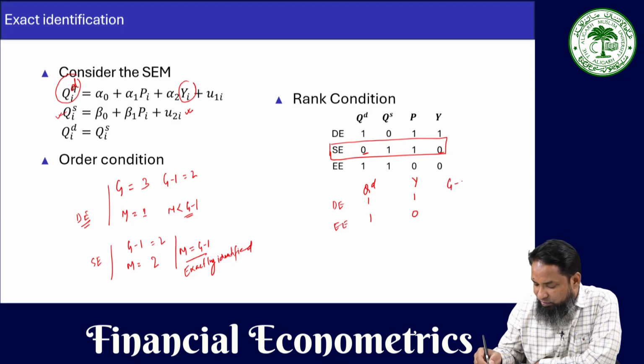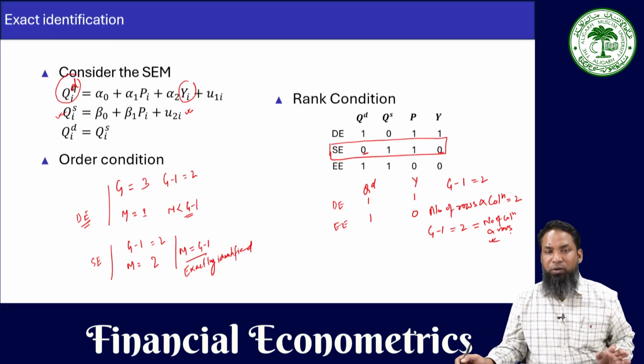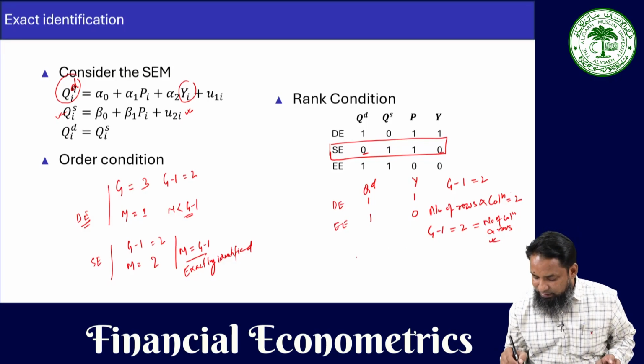Now G minus 1 is equal to 2, and the number of rows and columns is also 2. So G minus 1 is equal to 2, which is equivalent to the number of columns and rows of the second matrix that does not have all elements equal to 0. Therefore, this is the situation of exact identification.